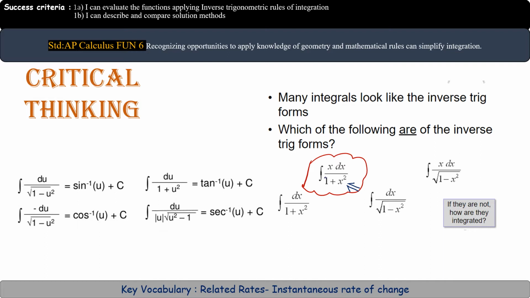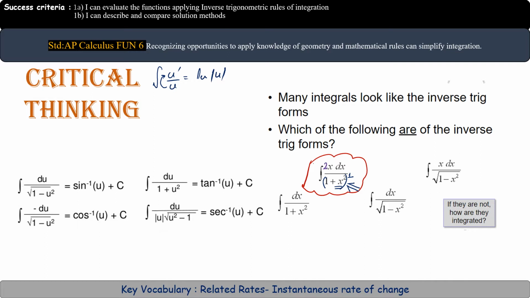So if you see closely, the denominator has a power 1, then the bell rings that whenever there is a power 1 in the denominator and its derivative is written in the numerator, this is the formula of logarithmic function. The derivative of the denominator is 2x. So it means 2 is not given in the numerator.